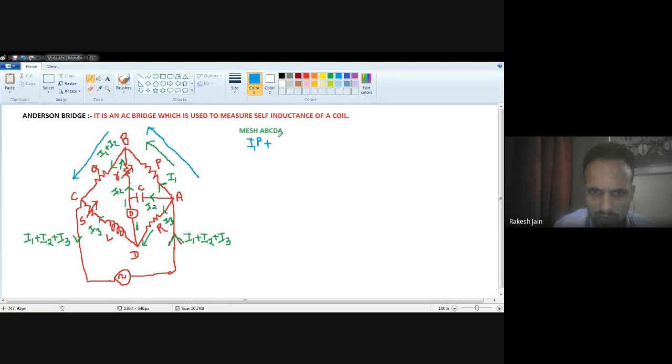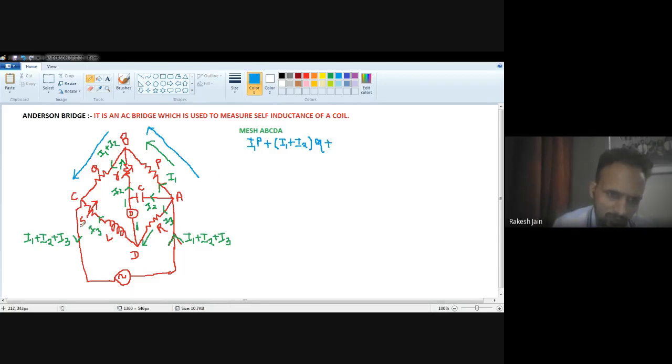I1 plus I2 is the current, and the resistance is Q.